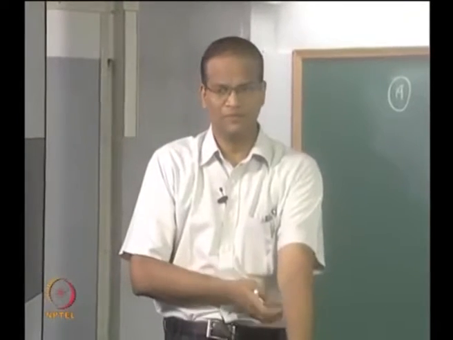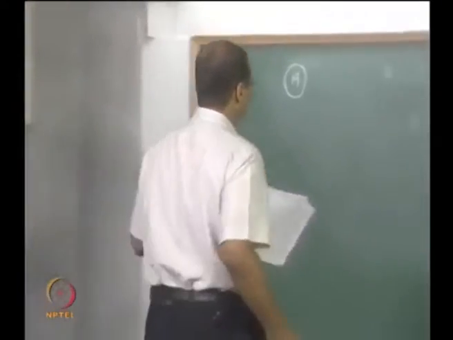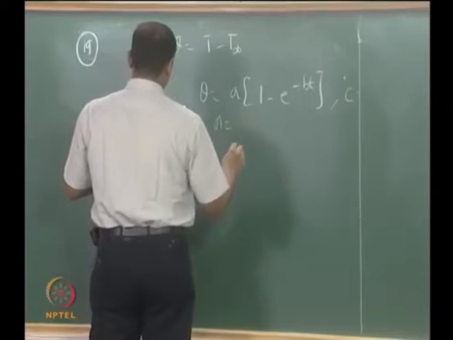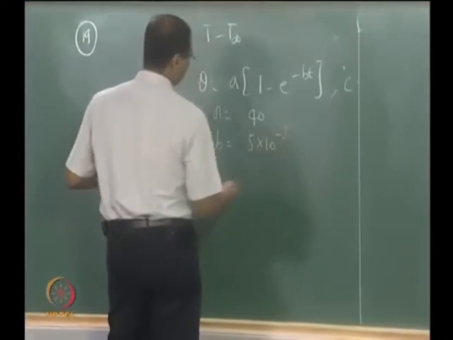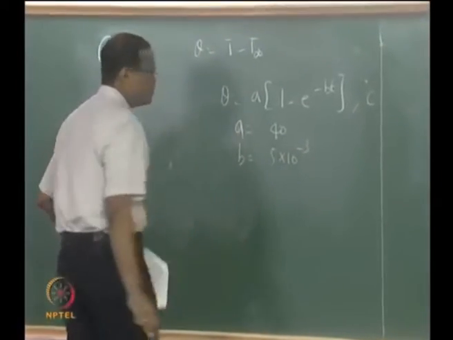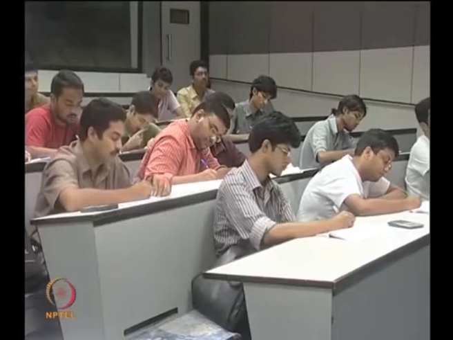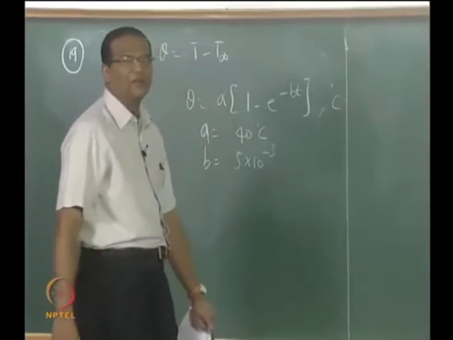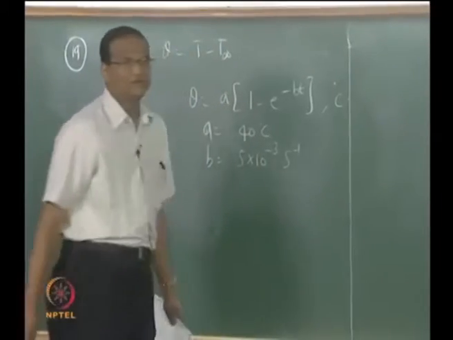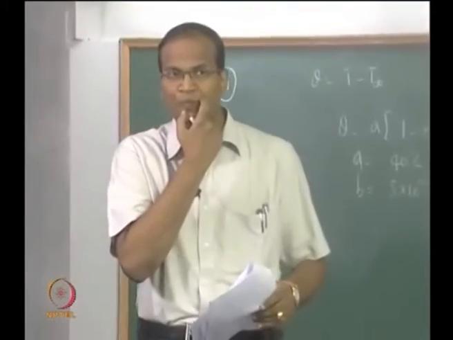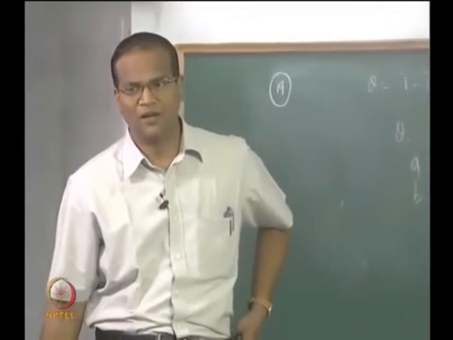Using the data given below, with an initial guess of A equal to 40 degree centigrade and B equal to 10 to the power of minus 3 second inverse, perform one iteration of the Gauss-Newton algorithm.